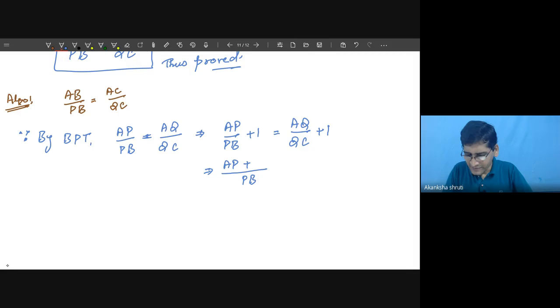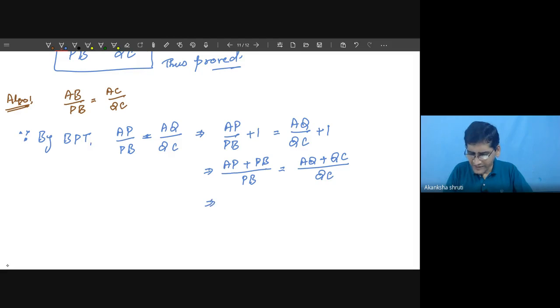So this 1 will multiply with this PB, so PB will get added here. Again for the right hand side, the LCM becomes QC. Again for the first ratio it is our AQ. The next one is 1, so this will come as QC.